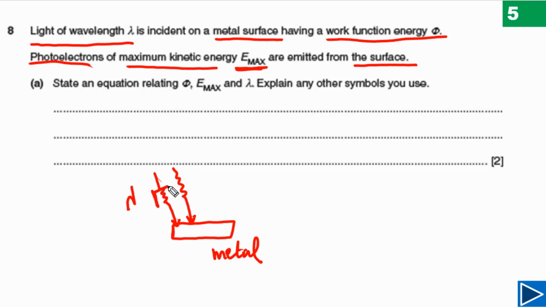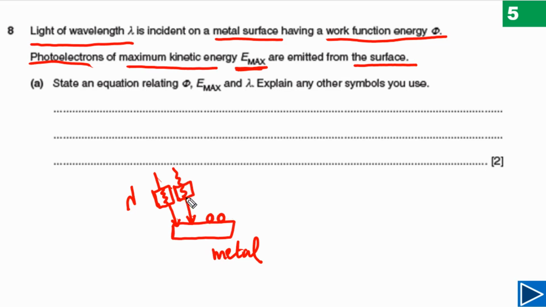We can also draw this small box here to show that a photon is a packet of energy of electromagnetic radiation. Now, in this question, we need to focus on emission of photoelectrons from the surface. So we can also draw these small circles to show that these are electrons at the surface.